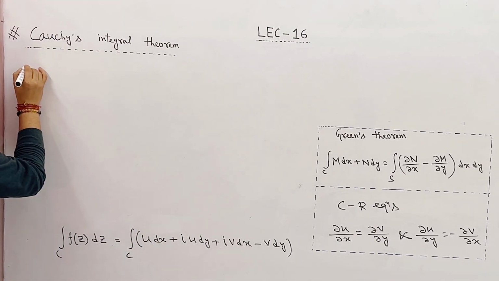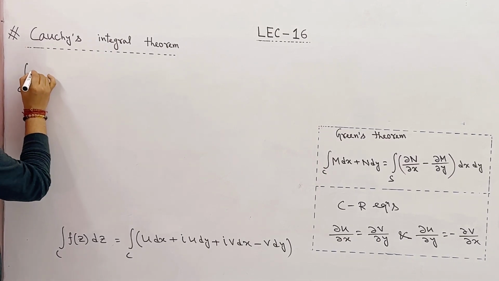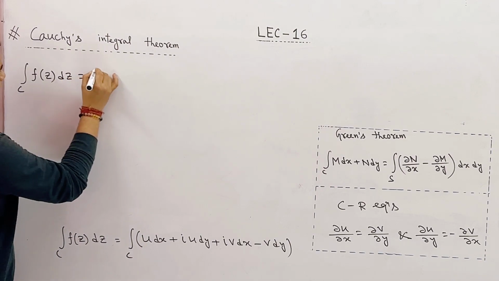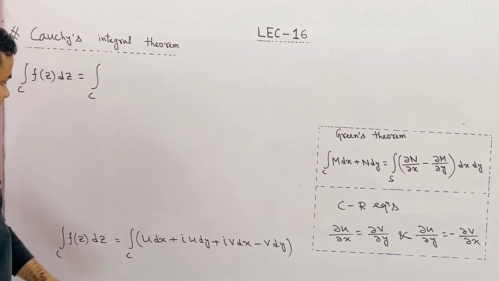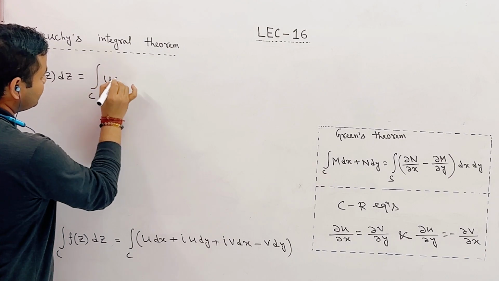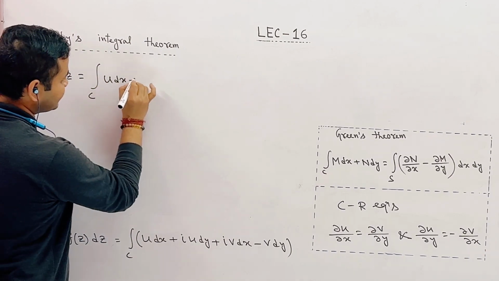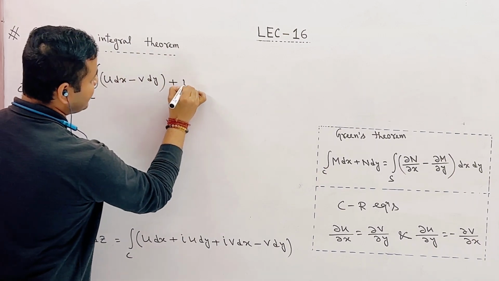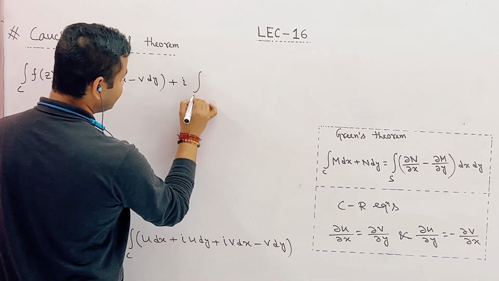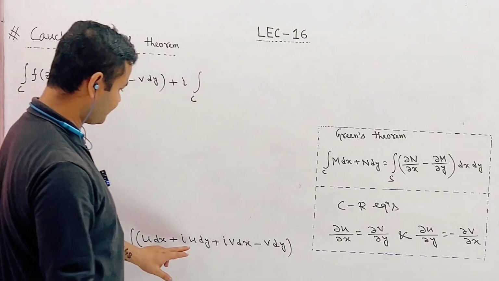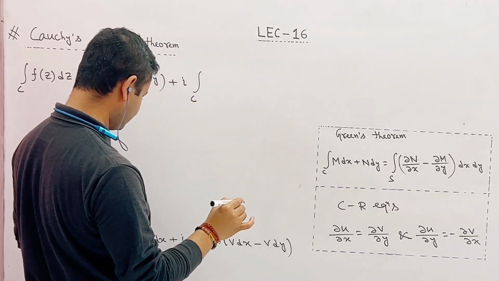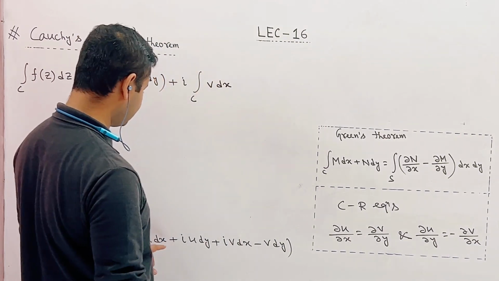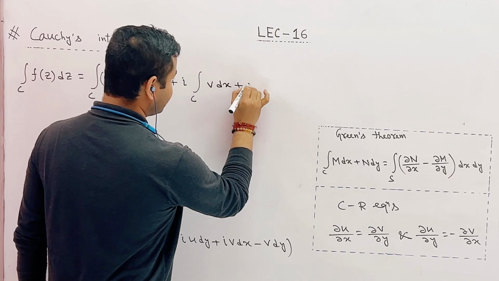So integration along closed curve C f of z dz is equal to integration along closed curve C u dx minus v dy plus iota integration along closed curve C v dx plus u dy.